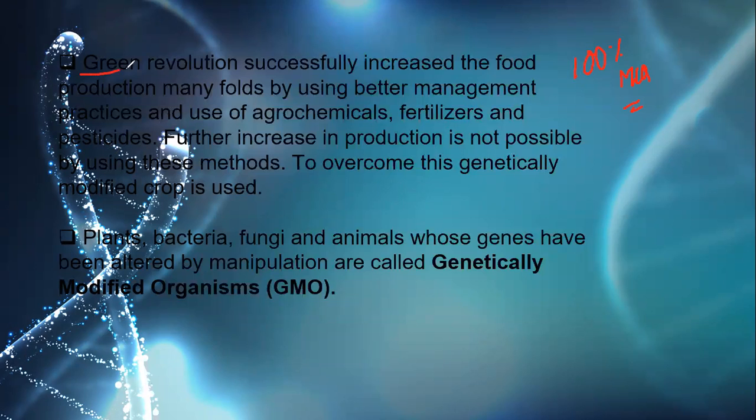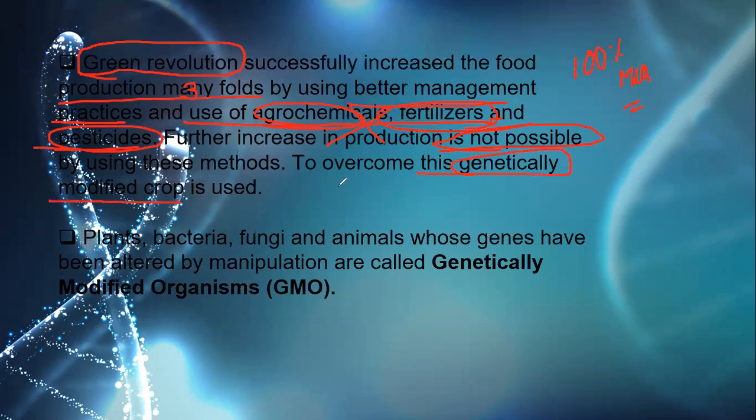Green revolution: I have already discussed that it helps in tripling the quantity of food, producing food many-fold. It was actually triple the food production, by using better management practices and the use of agrochemicals and fertilizers. But by using fertilizers, pesticides and agrochemicals alone, the needed food production was not possible. So to overcome this, we use genetically modified crops.